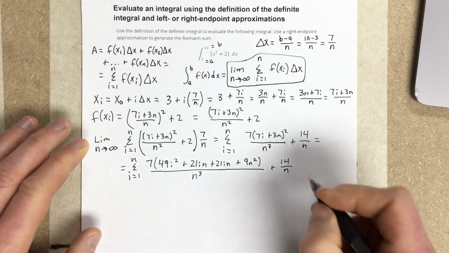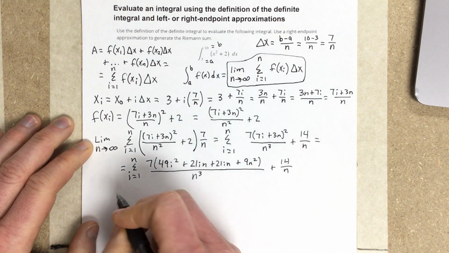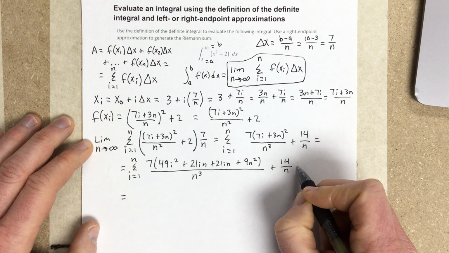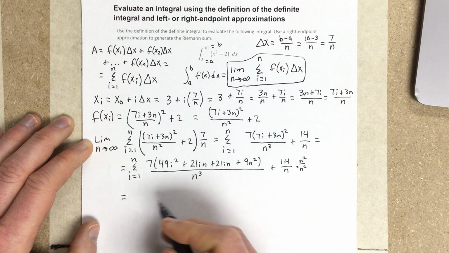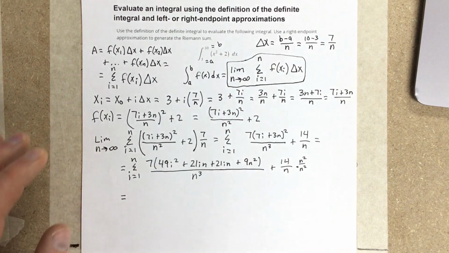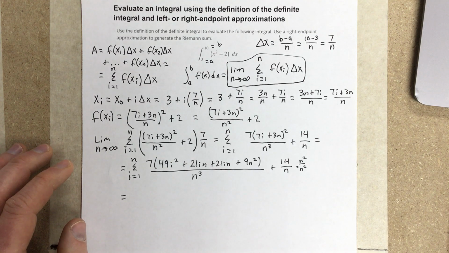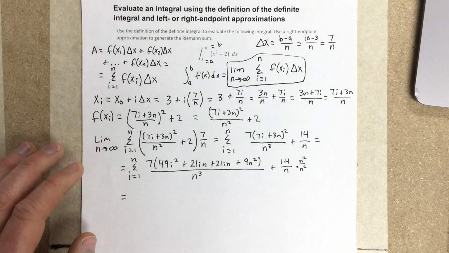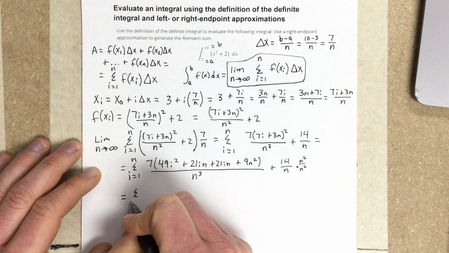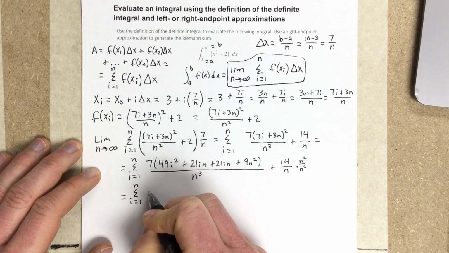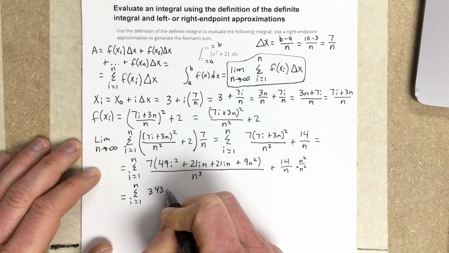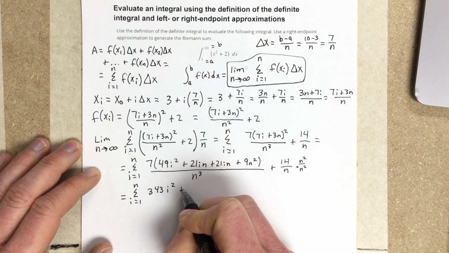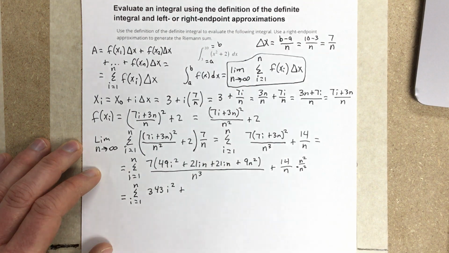Now let's find a common denominator here. So we're going to multiply this by n squared over n squared, and combine that with this top while I'm distributing the 7. So if I take 7 times 49, I get 343. So I have the summation from i equals 1 to n. This would be 343i squared, plus 7 times 42, because 21 plus 21 is 42.